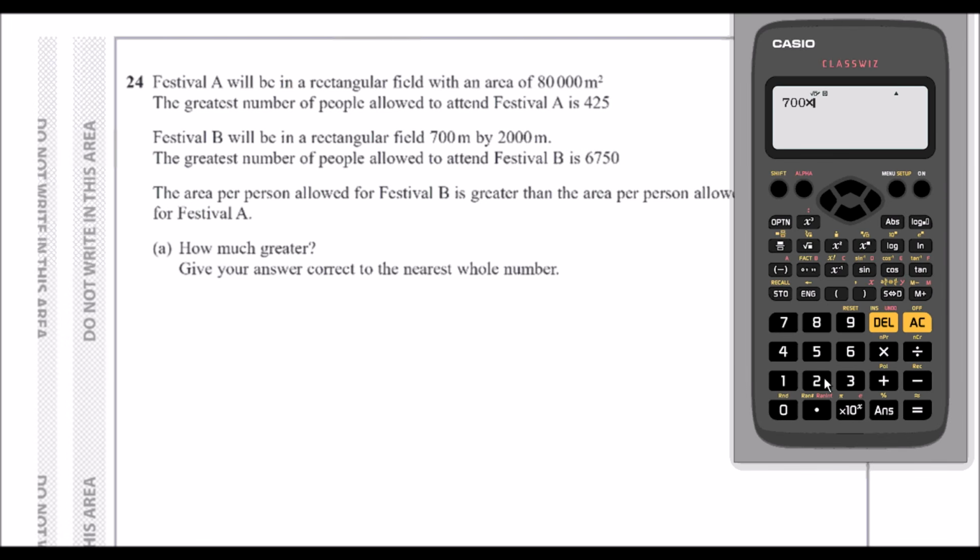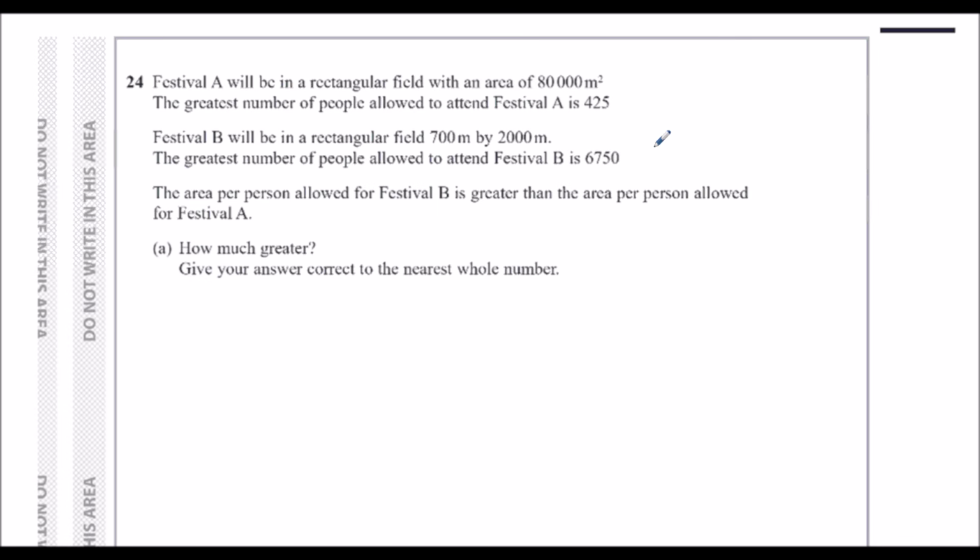So 700 by 2,000 is an area of 1.4 million meters squared. The greatest number of people allowed to attend Festival B is 6,750. The area per person allowed for Festival B is greater than the area per person allowed for Festival A.